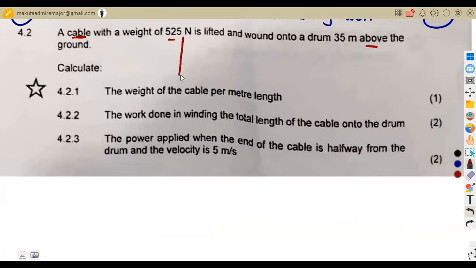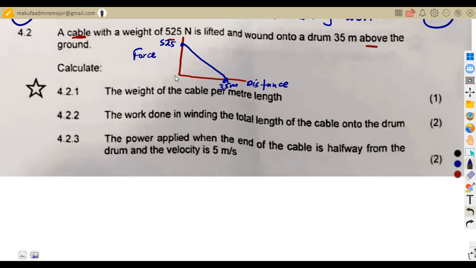If we are dealing with a cable, this is what we are going to have at the end from our force distance graph, whereby here we are going to have our distance on this side, and this is where we have our force. So here, this is the force of 525 over a distance of 35 meters. That is what we are given in this case.